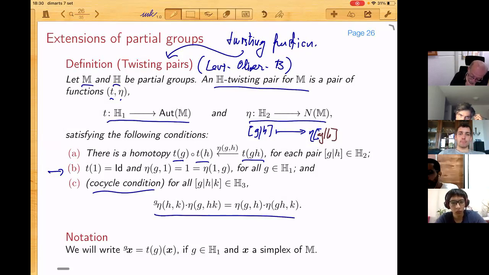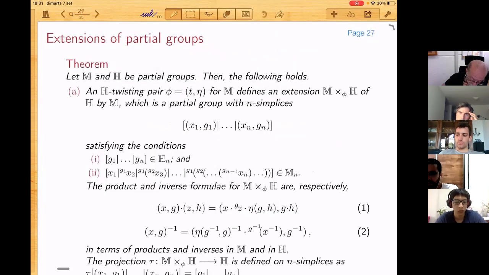So for the notation, we will simply write Gx like this for the action of the element G in this simplicial set M, right? Like this. So if G is in H and X is in any simplex, just to shorten the notation.